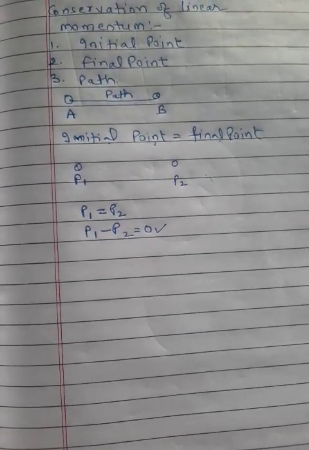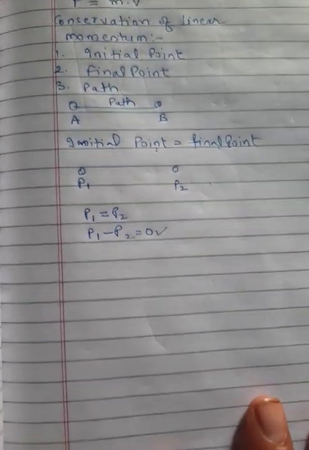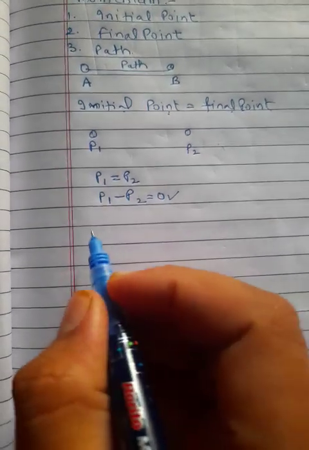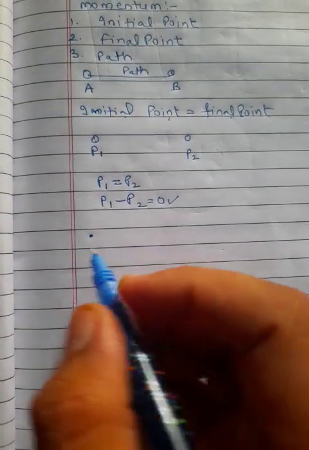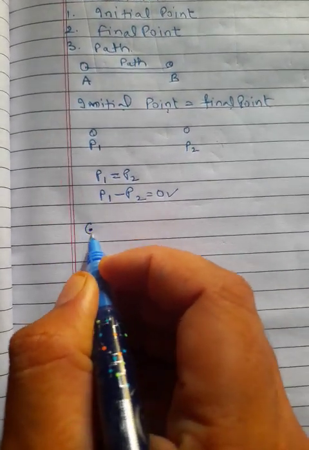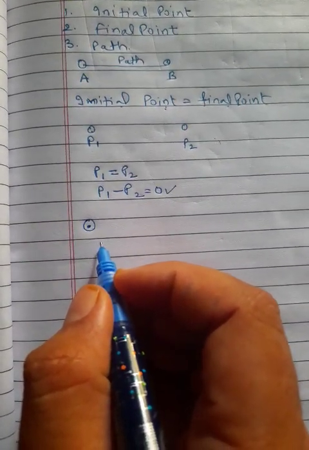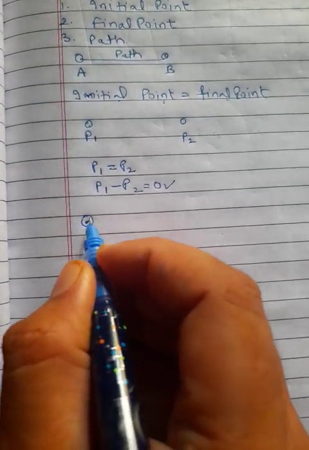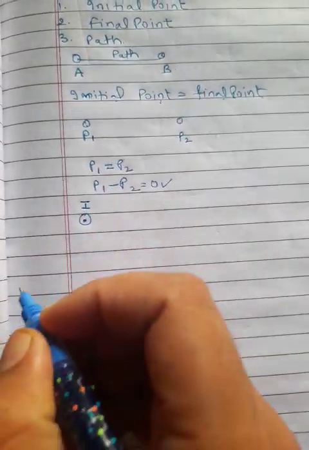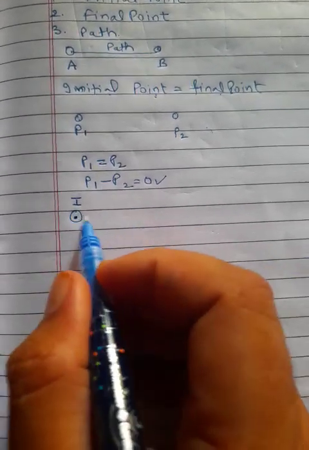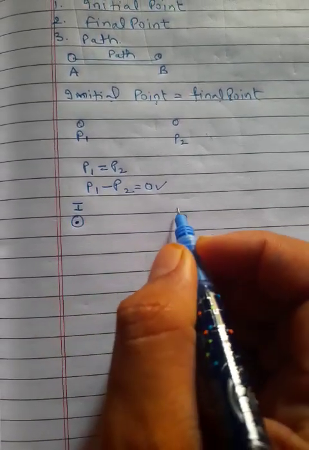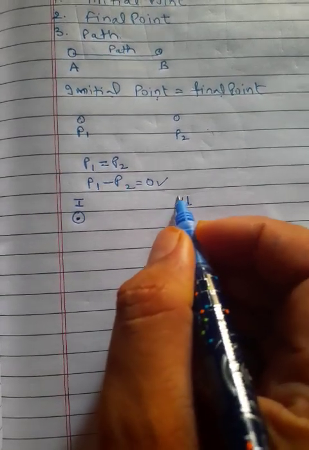So listen carefully, students, give me attention here. Listen to one thing, we have two points. This is our first point. We have an object at the first position. When you hit the ball, it will reach this point, which is the second position of the ball.